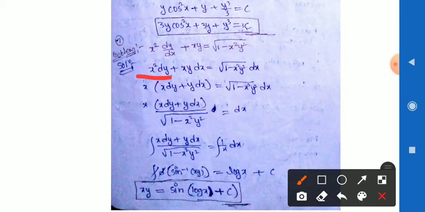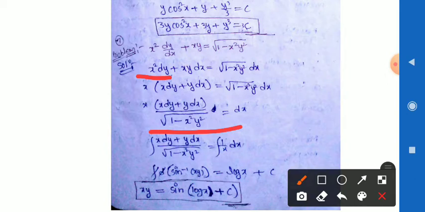Now by cross multiplication, we get x into (x dy plus y dx) by under root of (1 minus x square y square). Writing x on the right-hand side, we get (x dy plus y dx) by under root of (1 minus x square y square) is equal to 1 by x dx.